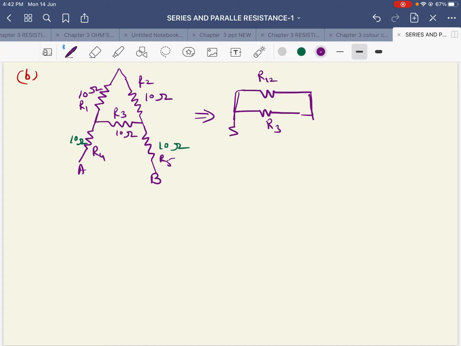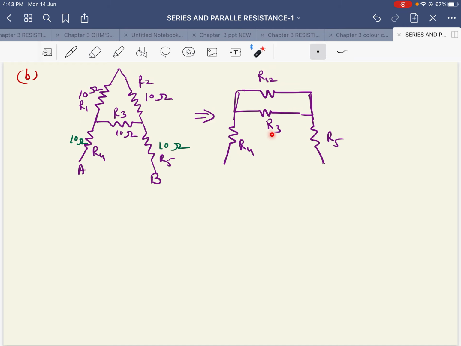This resistance and this resistance, this is R4 and this is R5. Now it is clear that these two are connected in parallel. Now you have to apply the formula to find resistance in parallel.